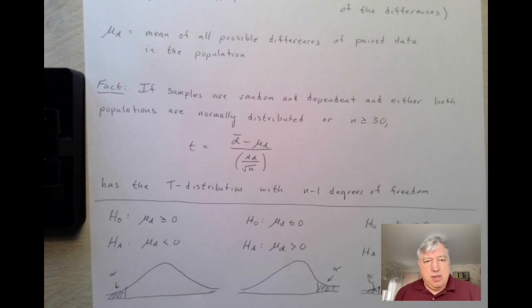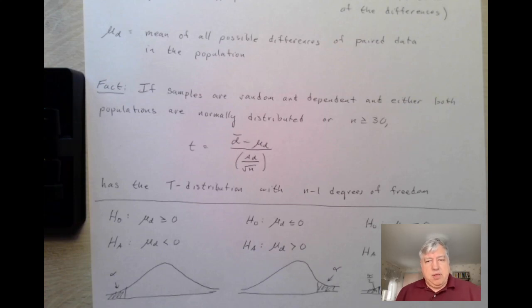And that number has the t distribution with n minus 1 degrees of freedom, because we're using the sample standard deviation.